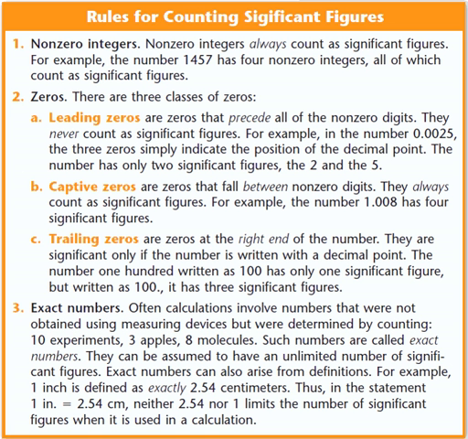Next rule, exact numbers. Often calculations involve numbers that were not obtained using measuring devices but are determined by counting. For example, if you're not using a ruler, graduated cylinder, or triple beam balance, the measuring devices, and you were able to just do it by counting, for example, I have 4 pens in front of me. Those 4 pens are exact numbers, which means they could have what we call an unlimited amount of significant figures.